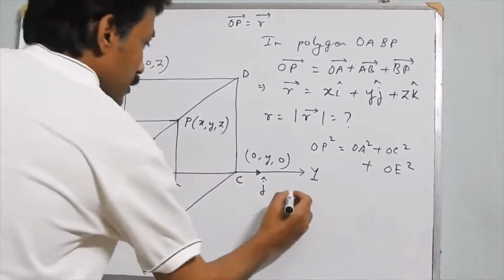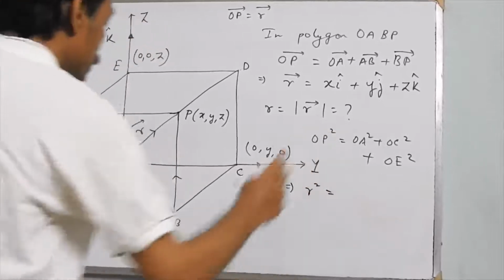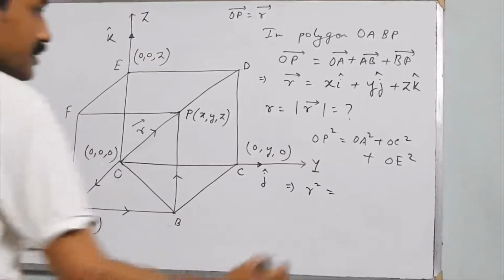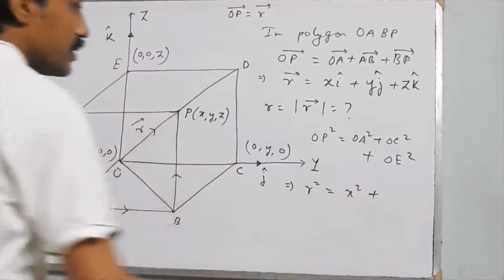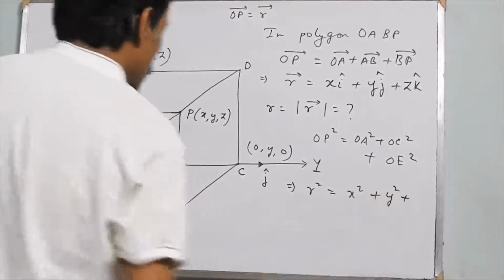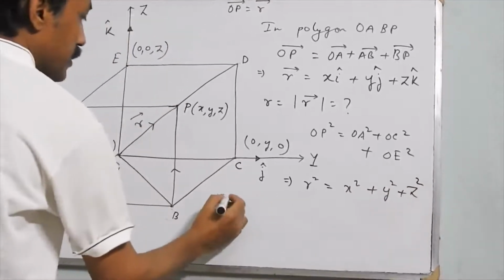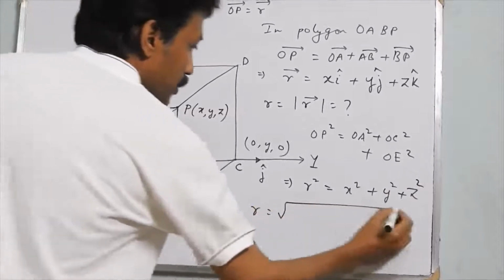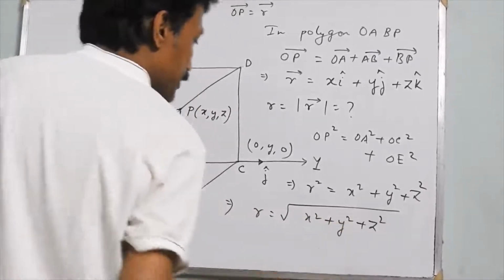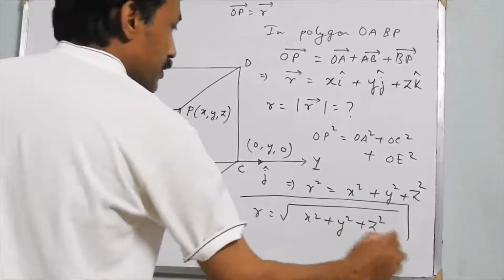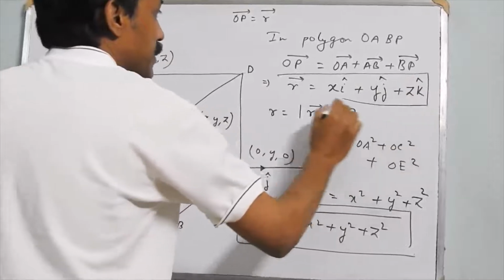Because OP is r, r square is OA square, OA is x, so x square, plus OC square, OC is y, so y square, plus OE is z, so z square. That implies r is equal to the square root of x square plus y square plus z square. This is the magnitude of the position vector.